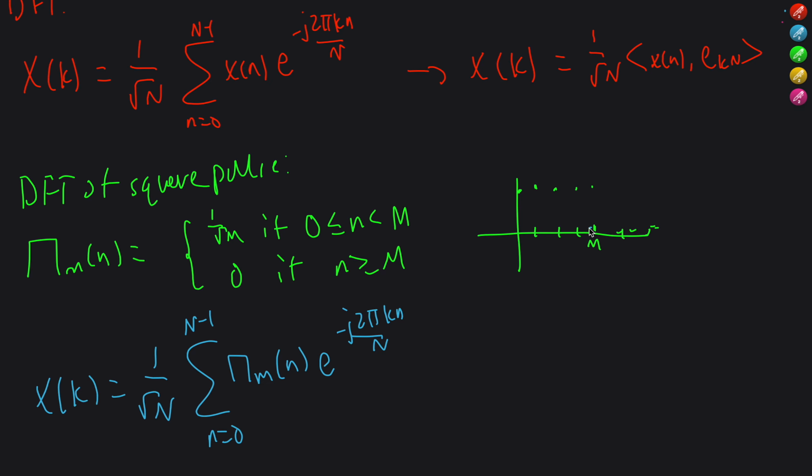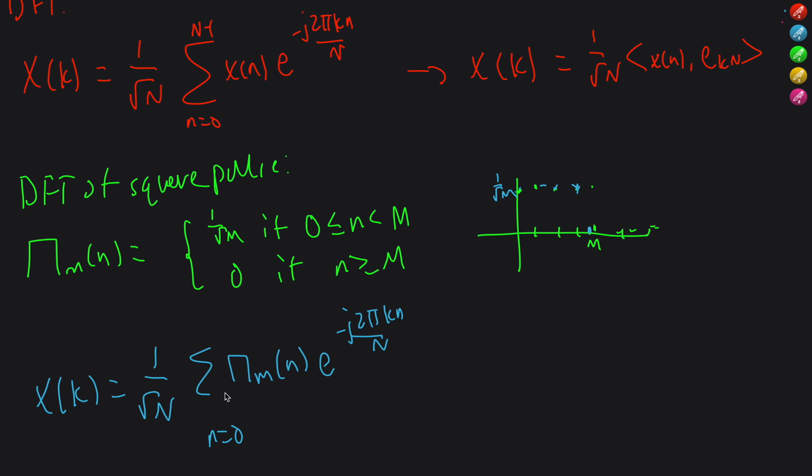Notice that after M no one cares about it, and it's actually only till M minus 1. Technically, M should be 0, so this should be 0 here, and this should be 1 over root M. So we only care about going from n equals 0 to n equals M minus 1.